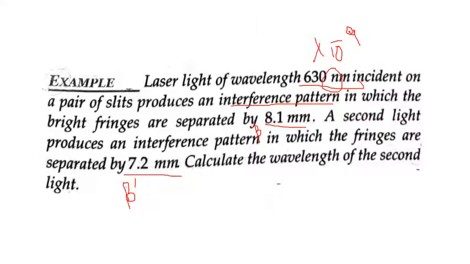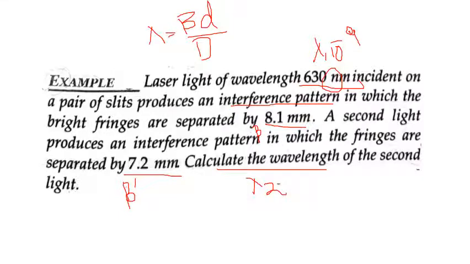Now they have asked you to find the wavelength of the second light. To calculate the wavelength, you know the formula, lambda equals beta small d by capital D. Let us say this is your first wavelength, and they have asked you to calculate your second wavelength, lambda 2.